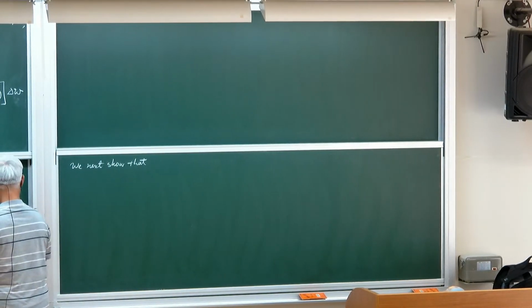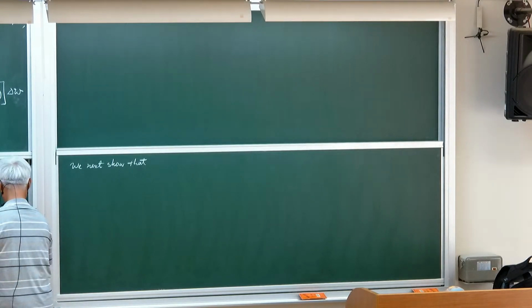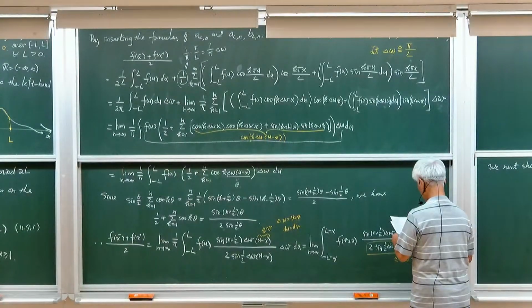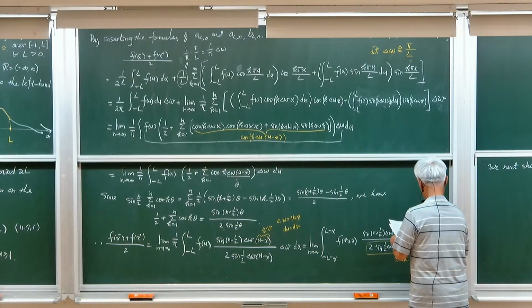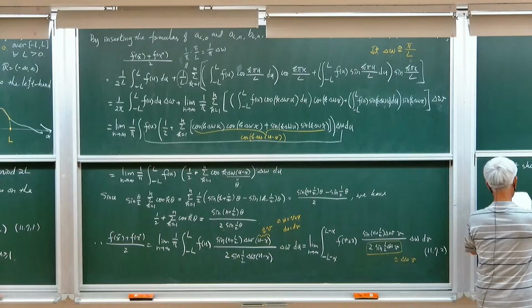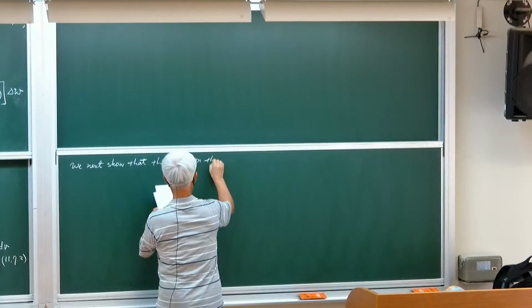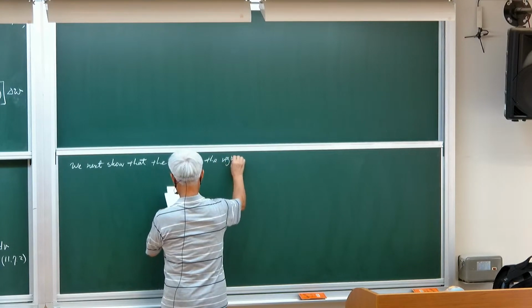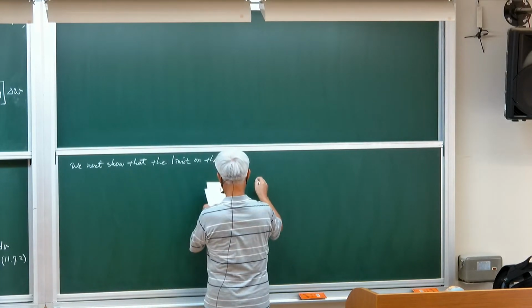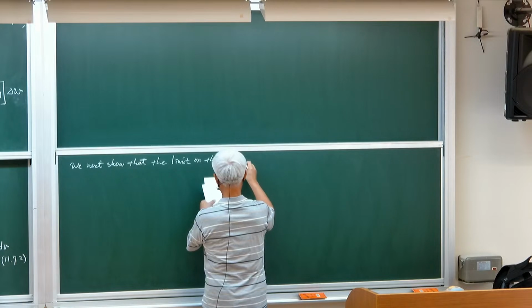So we make sure that this equation, we call this equation 11.7.2. Okay, so we can show that the limit on the right hand side.